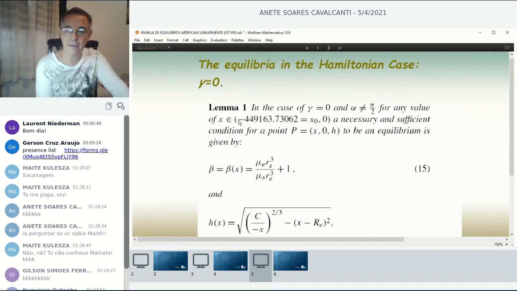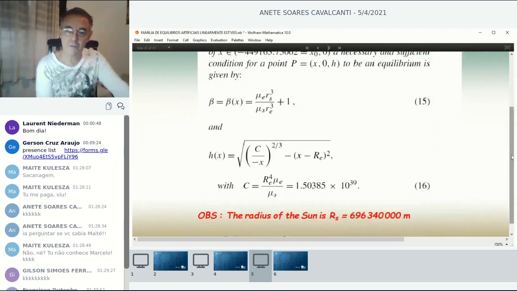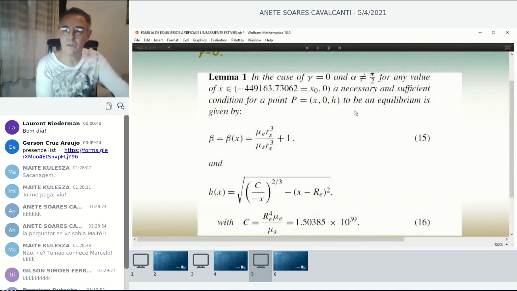So if x is in this range from minus, well, this big number here, 449,163 point something, and 0, we have necessary and sufficient conditions for the point P given by y equals 0, this x chosen in this range, and h given by this expression below here, to be an equilibrium.